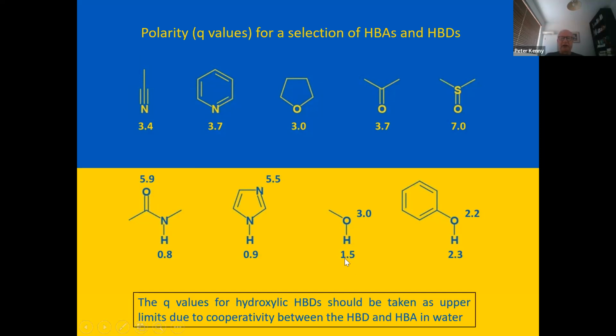Even when you load all that polarity onto the donor, you can still see that the hydrogen bond acceptor is more polar than the donor. And the phenol is one where this is a very strong hydrogen bond donor, and again, from hydrogen bond acidity measurements, you can see the strength of the phenol.